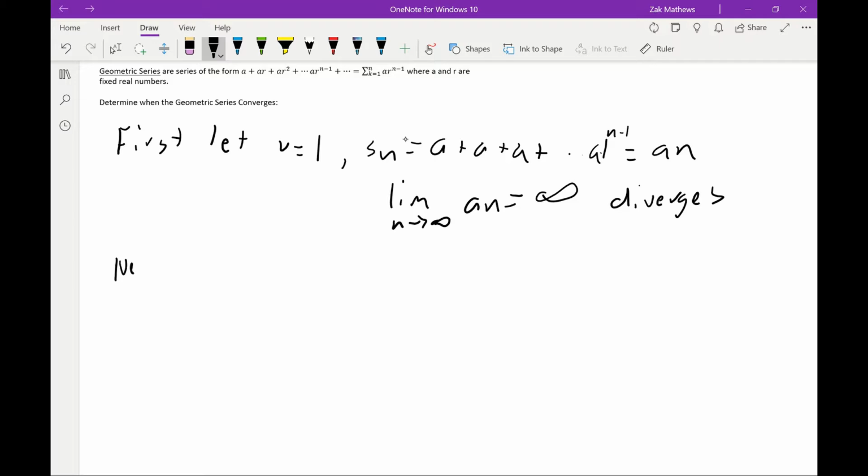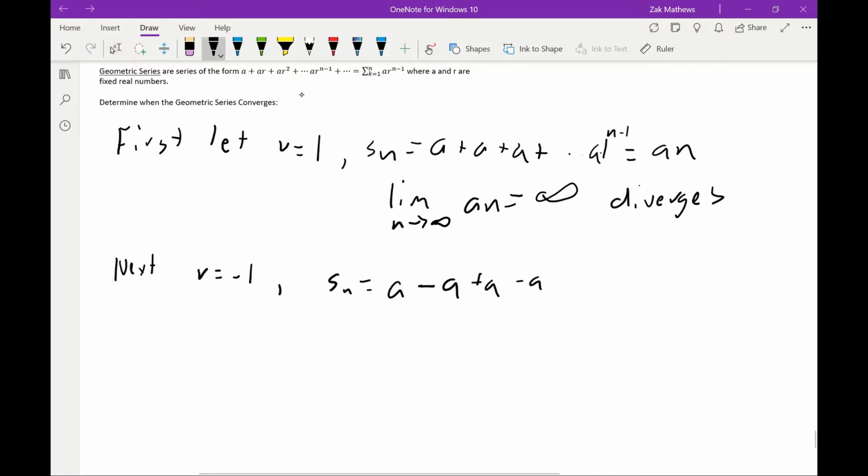Next, let's look at r equal to negative 1. Well, in this case, we would have the partial sum start off with a positive 1 times a, or just a. Then we'd have a minus a, because r is a negative 1, that's a negative a. Then we'd have a negative 1 squared, that turns it back into a positive a. Then we'd have a negative a.